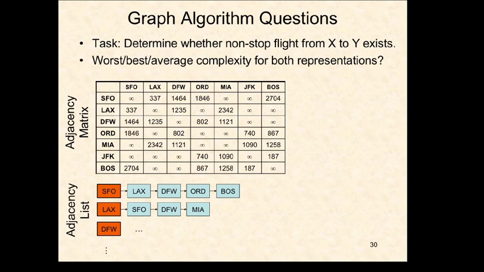Now we've got a couple of questions that we want you to take a couple of minutes to answer. I've got the adjacency matrix view and the adjacency list view. I give you 2 cities, X and Y, and you want to determine if you can get from X to Y directly, one flight.